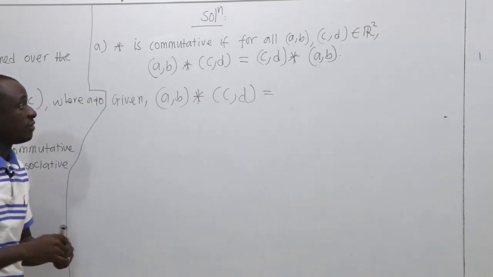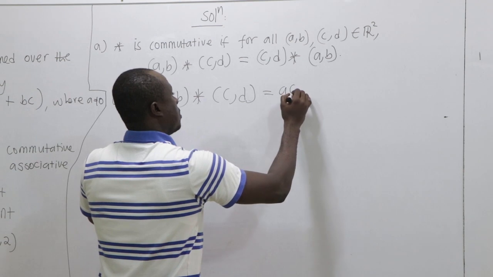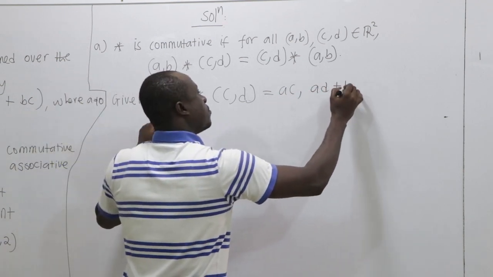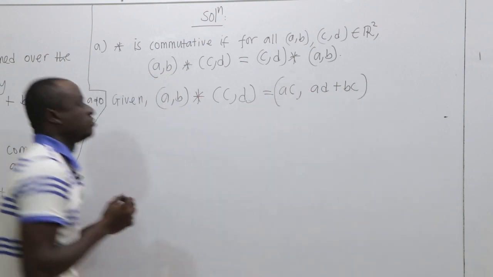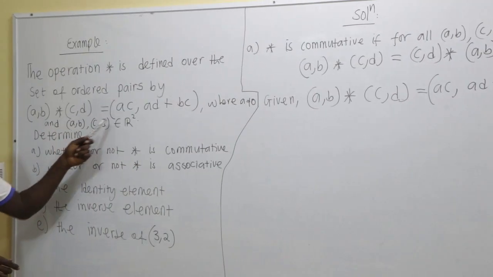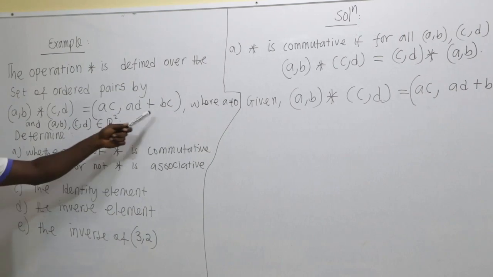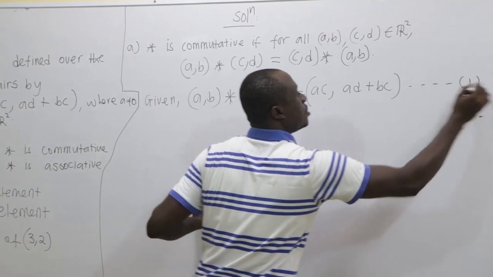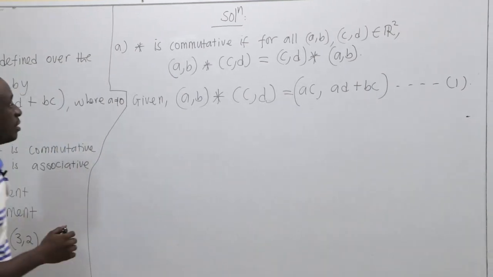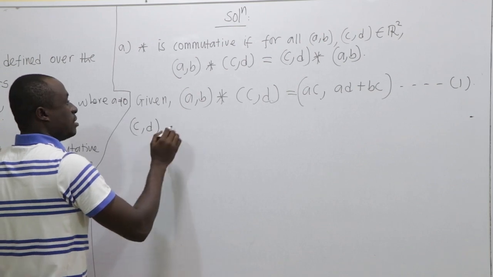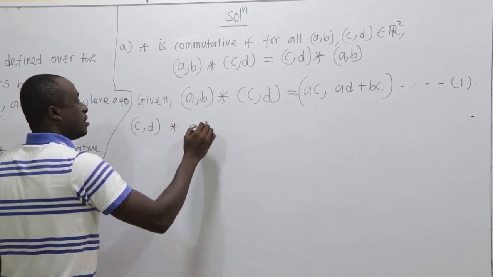From the definition, from the rule given to us, (A, B) star (C, D) is given as (AC, AD plus BC), so A times C, comma, AD plus BC. So let's say this is equation 1.